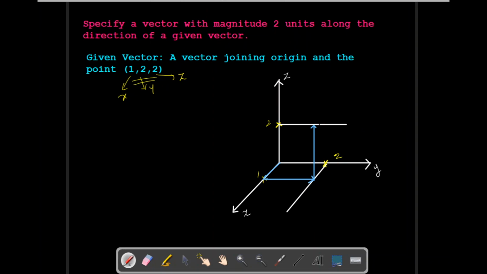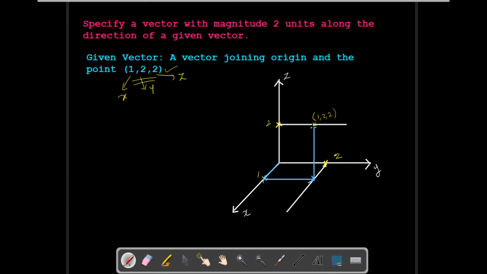This point will be nothing but 1, 2, 2. So I started from the origin, traced along the x-axis unit 1, then traced along the y-axis unit 2, and from there traced along the z-axis another unit 2. So I am here, and this is my given point, 1, 2, 2.